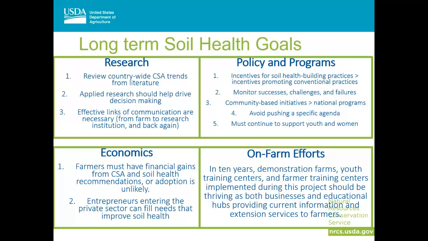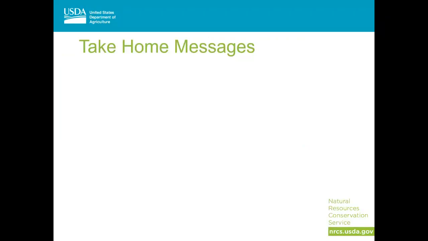So making sure that the economics of things are also aligning with the soil health priorities. And then on-farm efforts: in 10 years, it would be great to see these demonstration farms and youth training centers thriving as both businesses and educational hubs, providing current information and extension services to farmers.